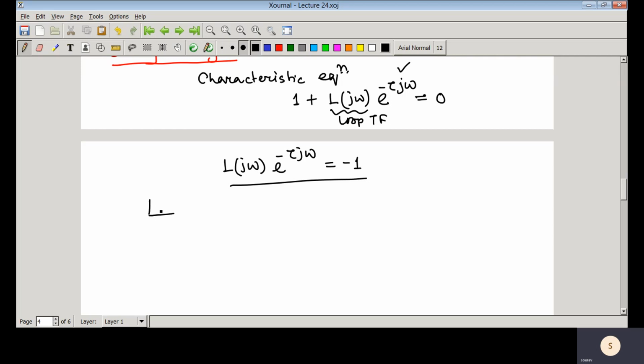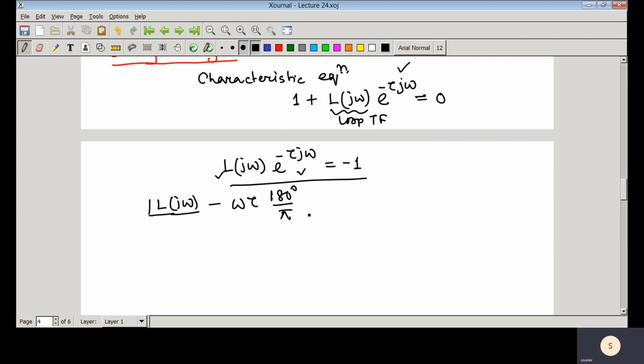The phase is angle of L j omega, minus, for this one, that phase contribution we have seen, it is minus omega tau, and omega tau is in radian. If we want to write it in degree, that would be multiplied by 180 degree by pi. We have already discussed it in that Bode plot lecture. So this is that phase contribution.